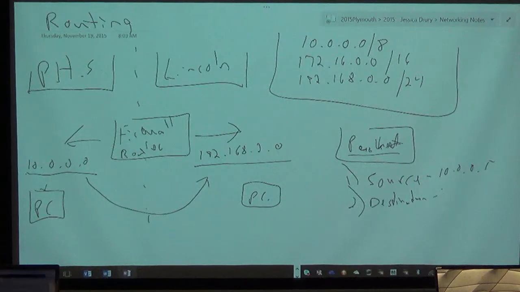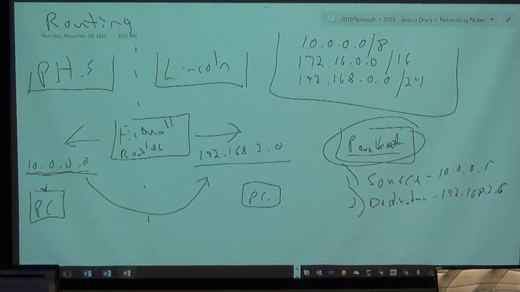I can't hear you. No, that's the source. We're talking about this one. So the destination is going to be 192.168.2, probably 5 or 6 or 7 or 8 or something, 1 through 254, right? So this packet is going to have a source and a destination. Every packet that's sent on the network has a source, which is where it's coming from, and a destination.